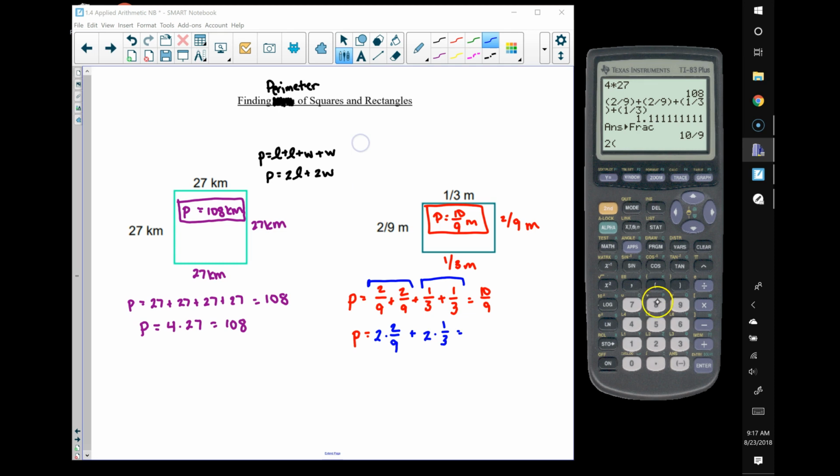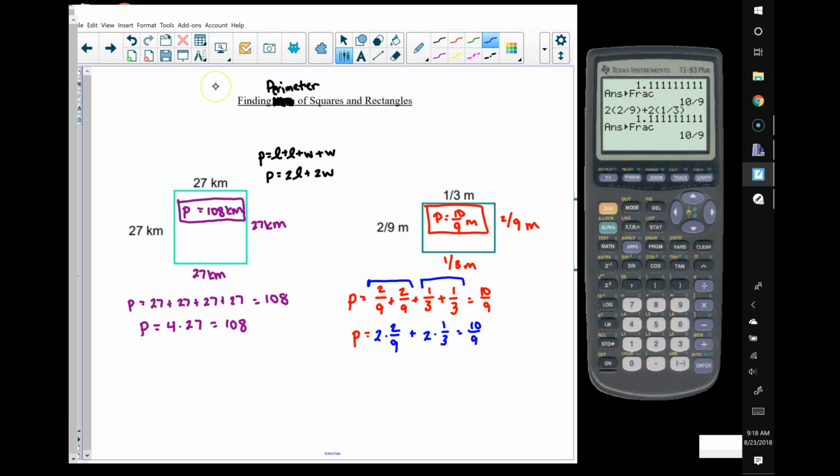Notice 2 and then parentheses 2 divided by 9, close the parentheses, plus 2 and then put your fraction in the other one in here. And notice how it looks exactly like my paper. You should get the same answer, and then you see that I do. So I'm trying to teach you guys these shortcuts. They help you. It's good to know these relationships, so you still get the same answer either way. Okay? So that's area and perimeter.